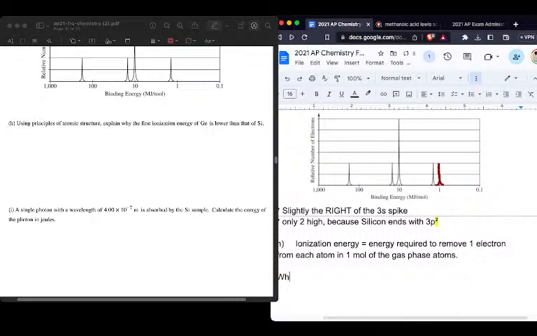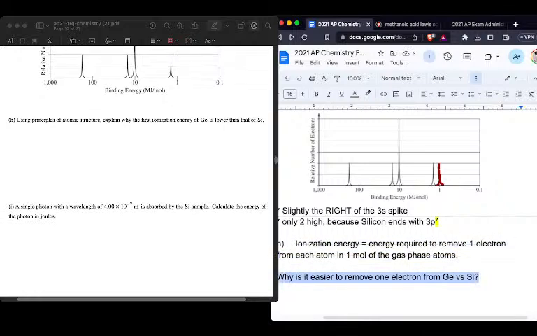So, why is it easier to remove 1 electron from Ge versus Si? Again, for AP, you don't have to explain to them what ionization energy is. This is us rewording the question.